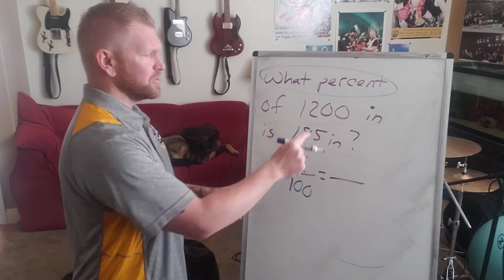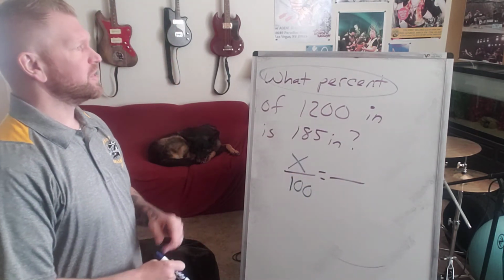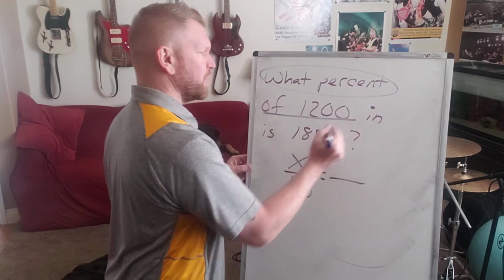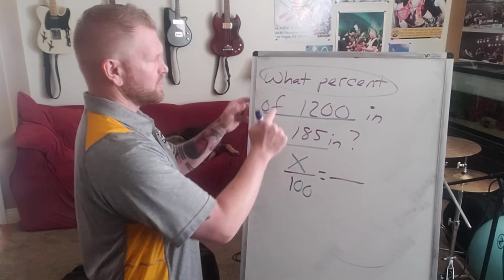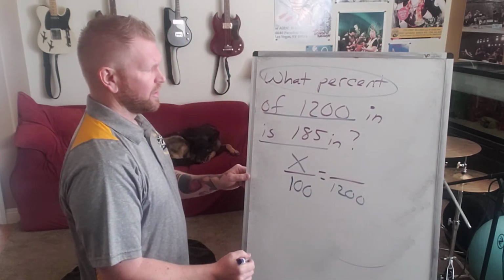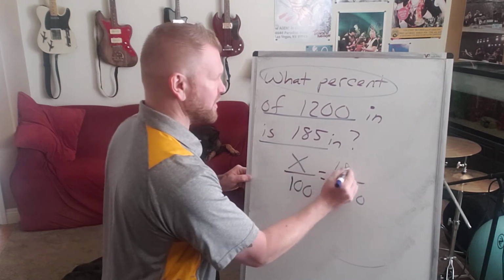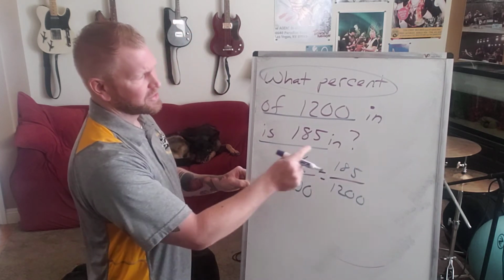Now, one of these numbers is the is, one of them is the of. So it's what percent of 1,200 inches is 185. So the of is the 1,200. It's out of 1,200 is 185. There's your is number. So this number is some percent of that.